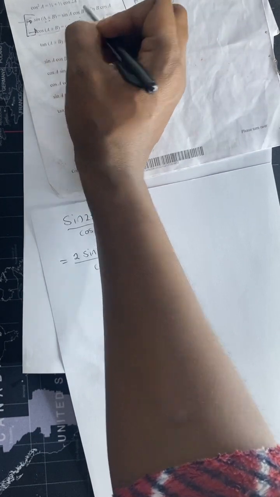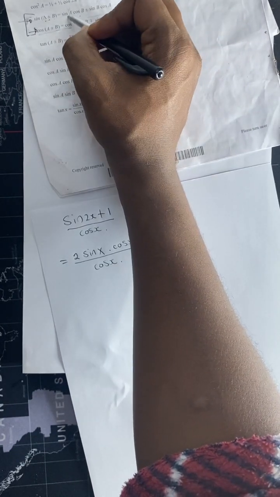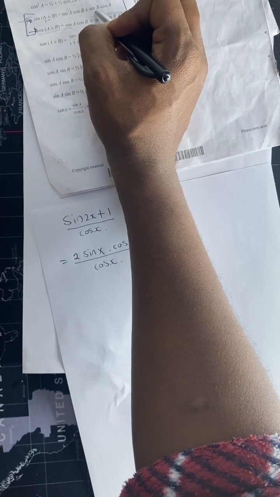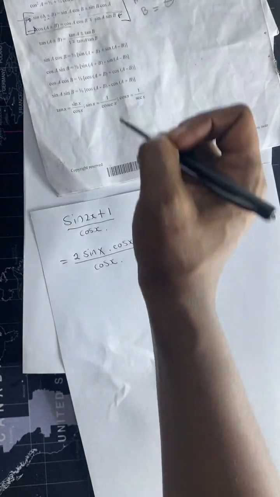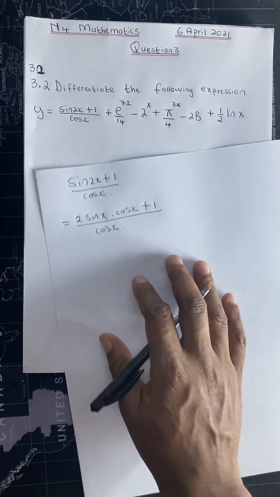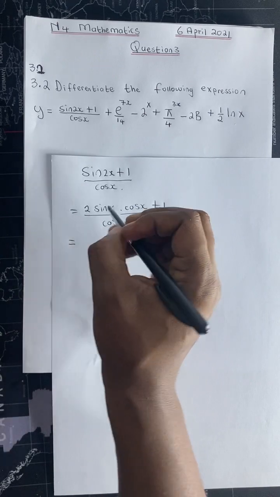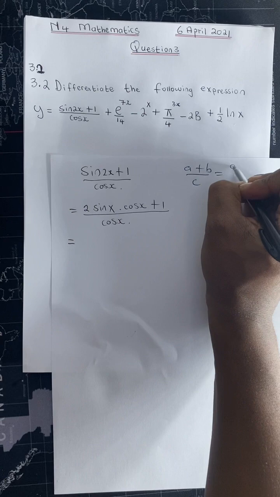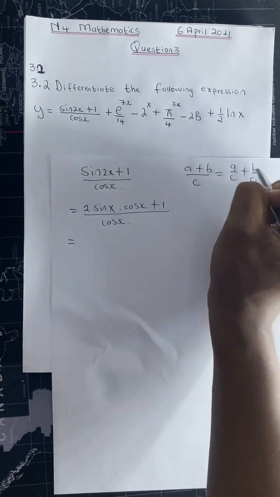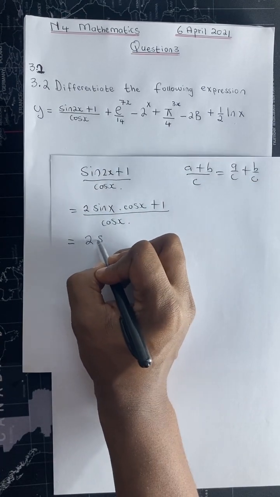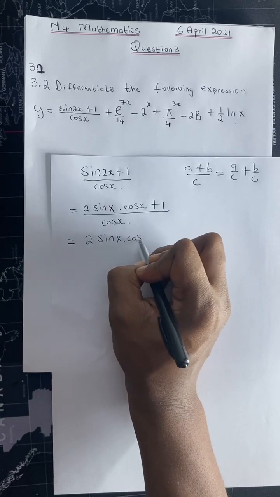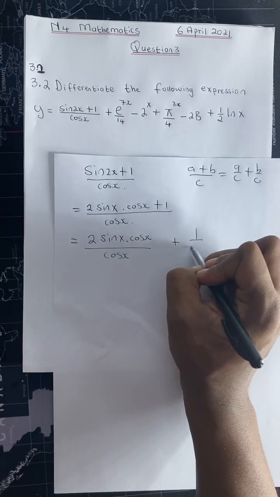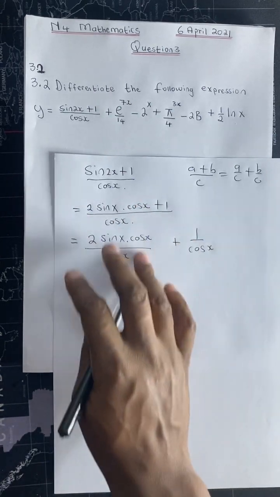So we'll have x there, x there, and we will have sin x cos x plus sin x cos x, which will be 2 sin x cos x. And from here, if we had a plus b over c, this is equal to a over c plus b over c. So this will be equal to 2 sin x cos x over cos x plus 1 over cos x.